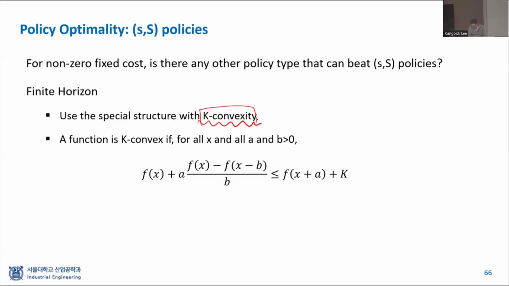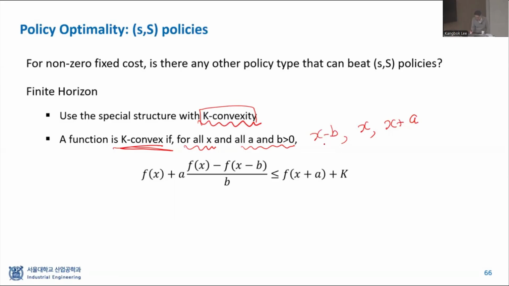So what's the meaning of K-convex? It's quite complex. The K-convex definition is: for any x and for any a and b positive, we have 3 points, x minus b, x, and x plus a.